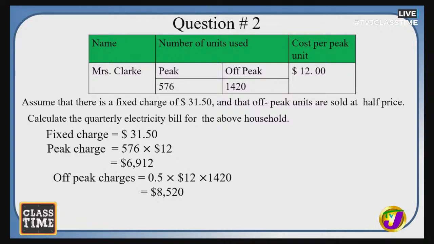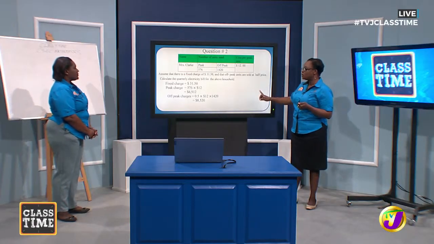And from this I can estimate how much it would have been, because I can see the fixed charges, the peak charges, and the off-peak charges, and I have an idea of how much it would cost.